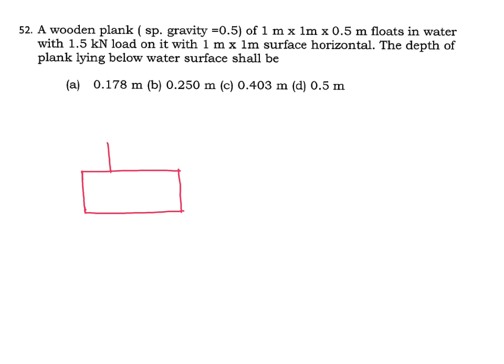W1 equal to 1.5 kilonewton. Plank specific gravity is 0.5. This height is 0.5 meter. Floats in water. The depth of plank lying below water surface we have to calculate.